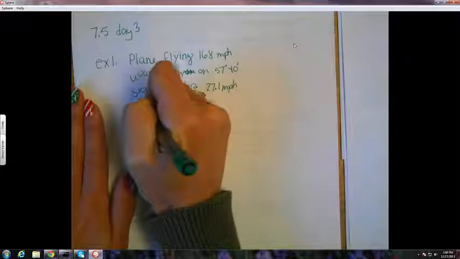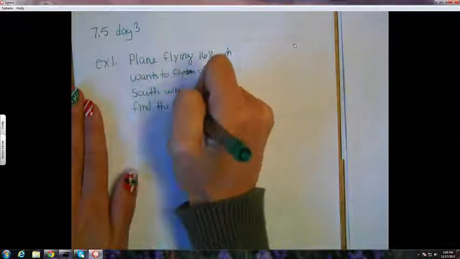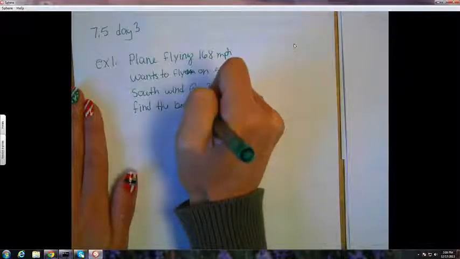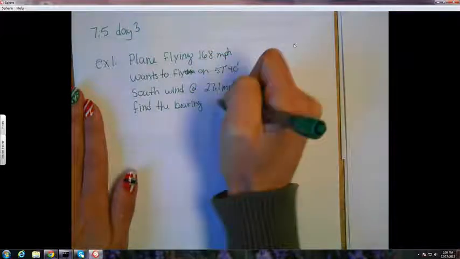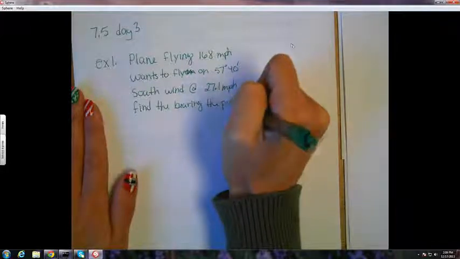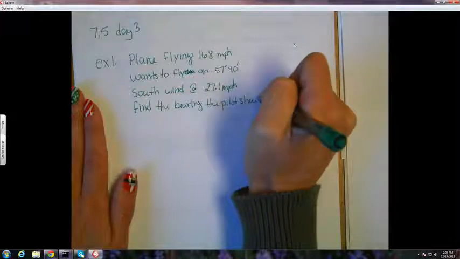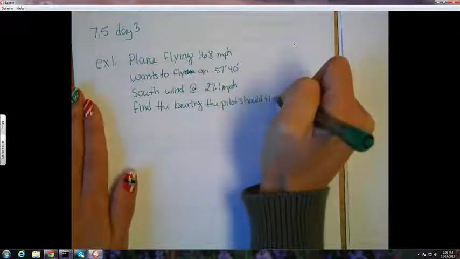Can you find the bearing the pilot should fly and the ground speed?